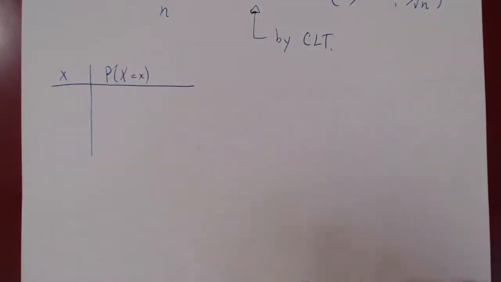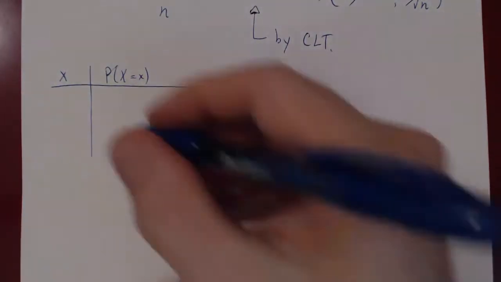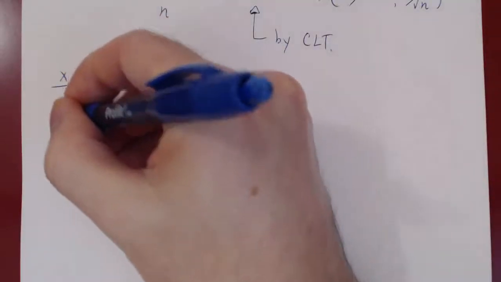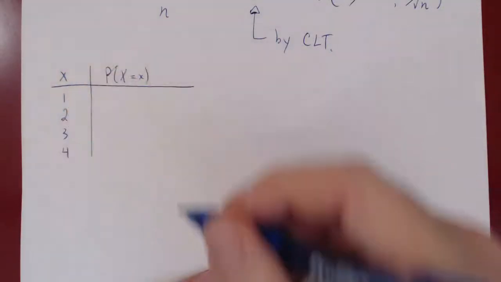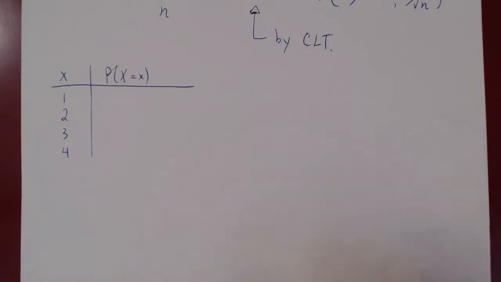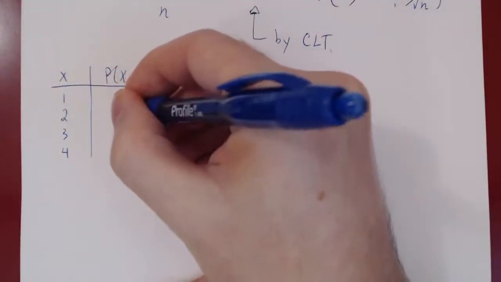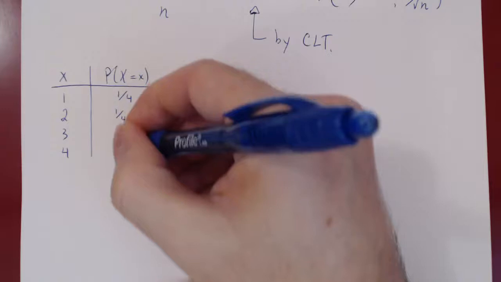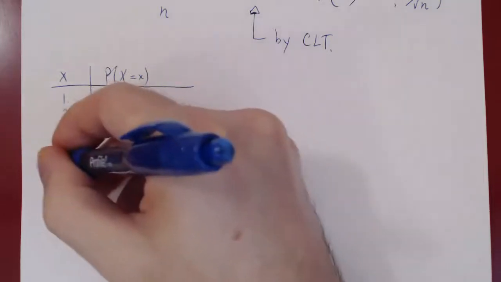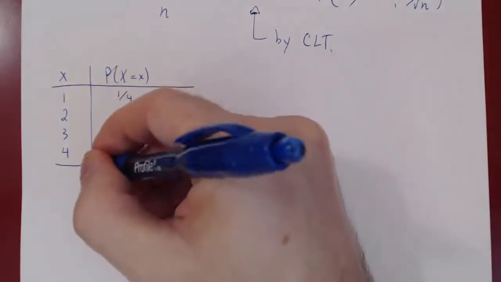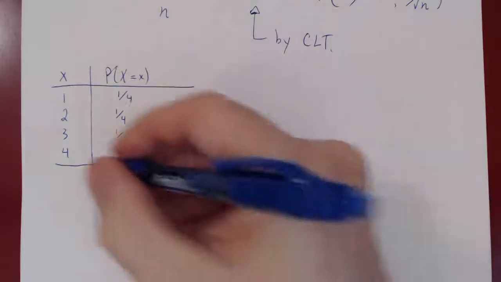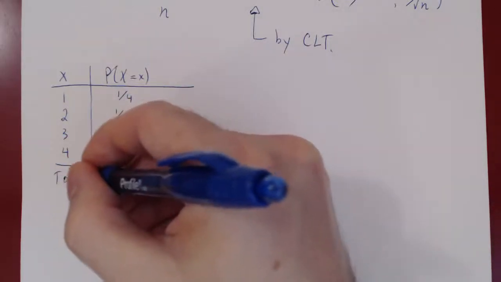Well, every time you roll this four-sided die, the result will either be a 1, 2, 3, 4. And because the assumption was that the die was fair, that means that each figure has the same probability of occurring, therefore 1 out of 4. And of course, the total of these values is equal to 1, as it should be.